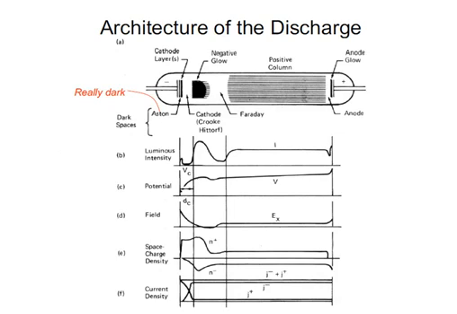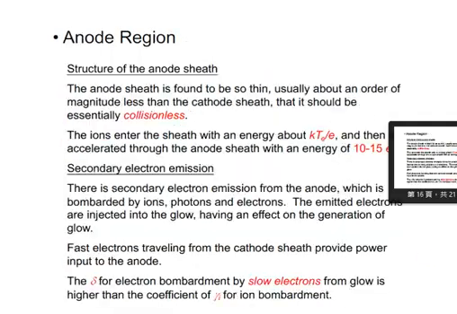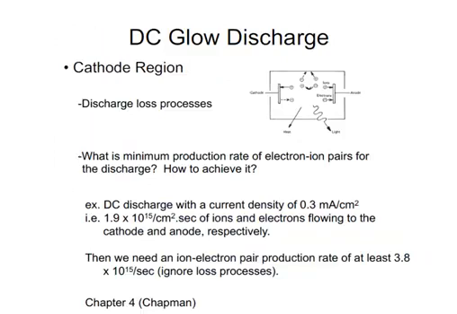And in the DC glow discharge chapter, Chapman, the author of the textbook Glow Discharge Processes, used an example to realize what the important parts in the DC glow discharge plasma are.